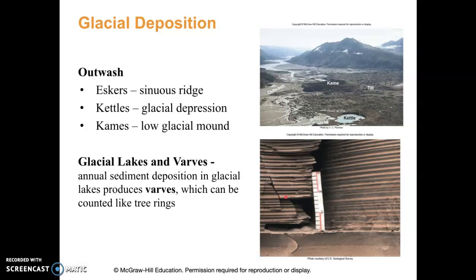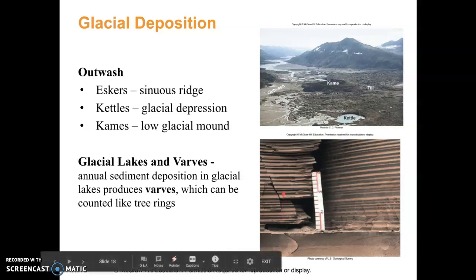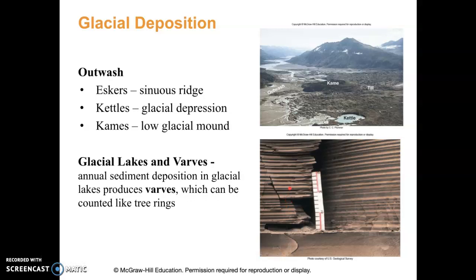And then in the winter time, when there isn't as much melting of water, you'll have these thinner lines generally. So you can count the number of seasons based on the color and thicknesses of these lines, just like you can with a tree ring, and the different seasons, and count the years there.